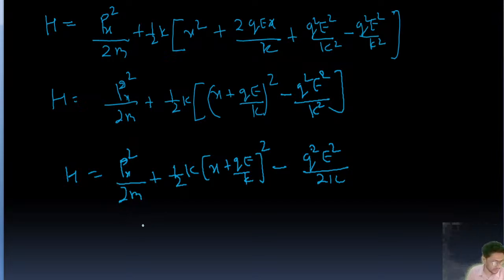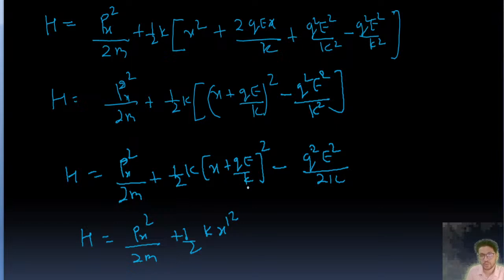Now we can write H as Px square upon 2m plus half K x dash square, where we let x plus QE upon K be x dash, minus Q square E square upon 2K.